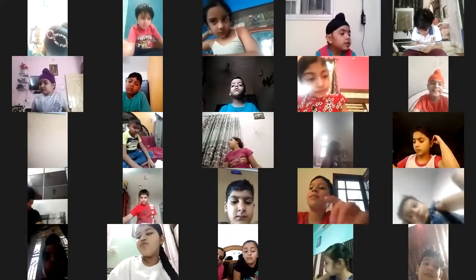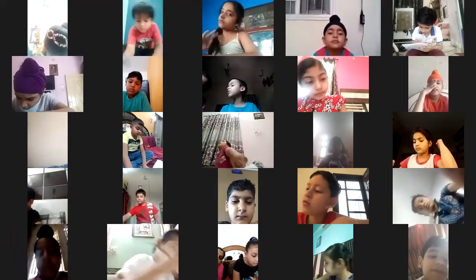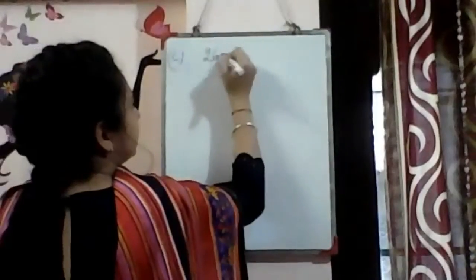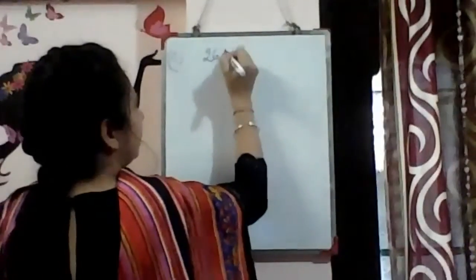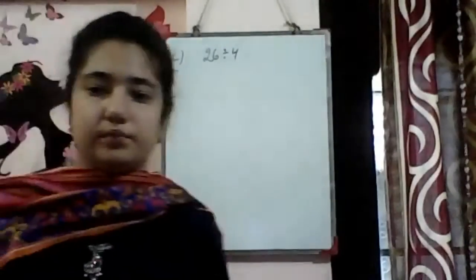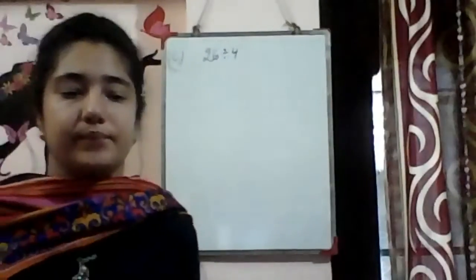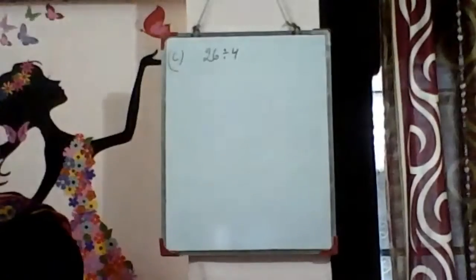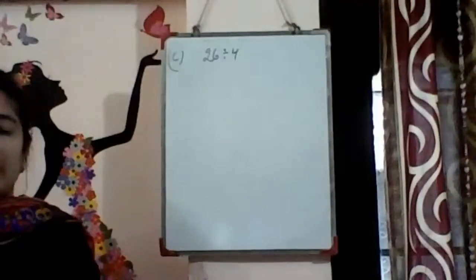26 divided by 4. So do this. 26 divided by 4. Divide and check.